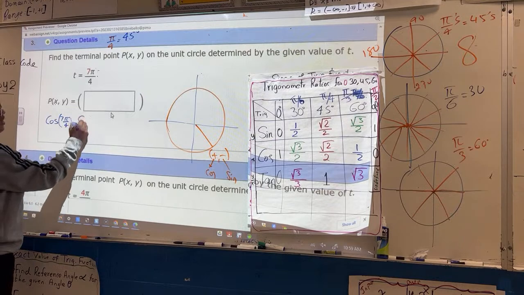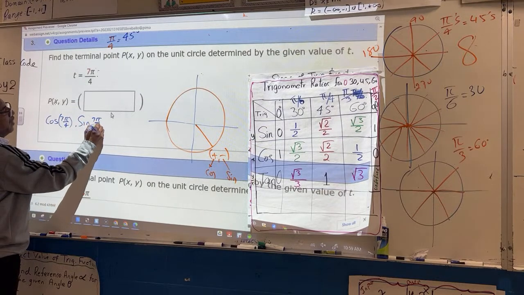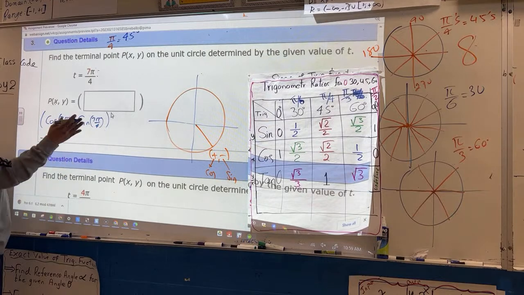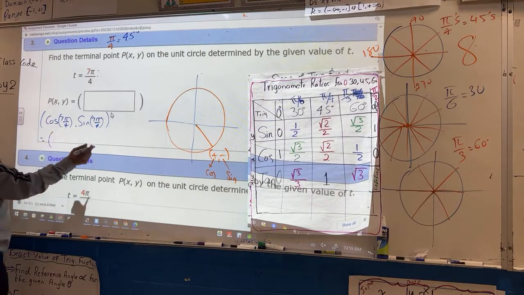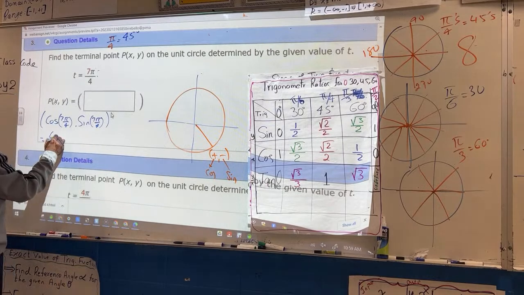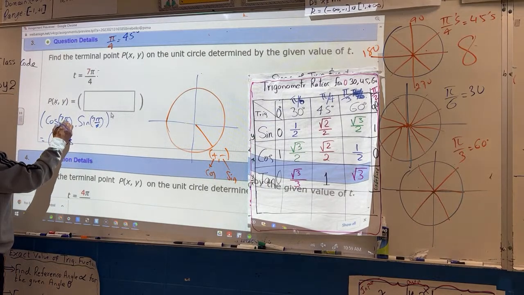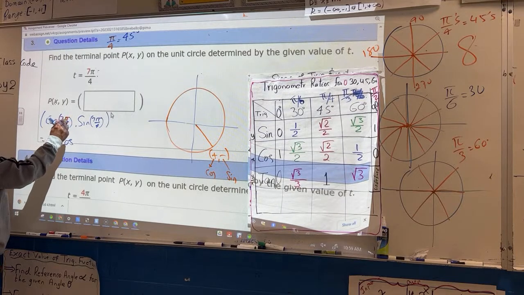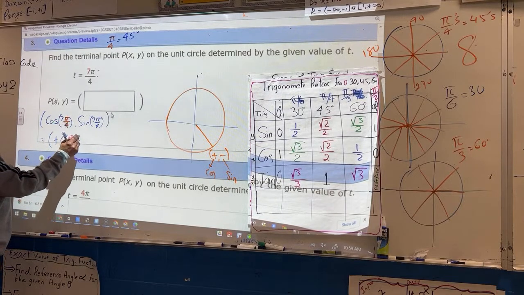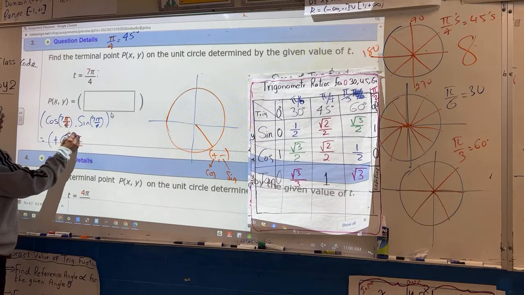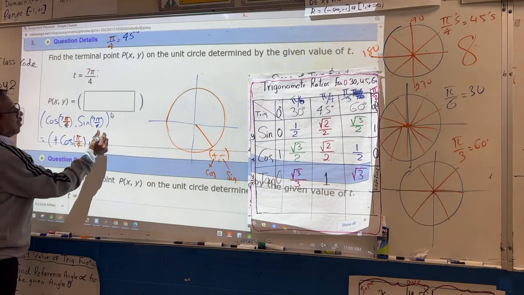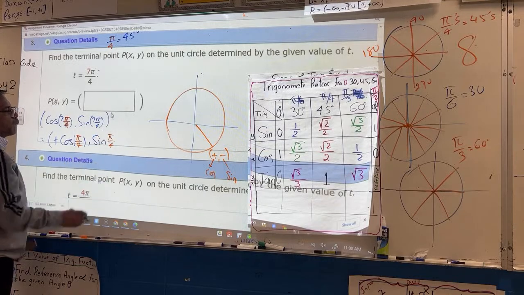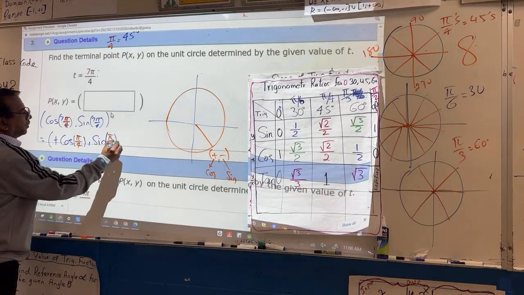So cosine and sine of 7 pi by 4 reduces to, because you're in the 4th quadrant, the cosine, the first one is positive, and you only use the reference angle, the 45, that is pi by 4. And then sine of, again, pi by 4.